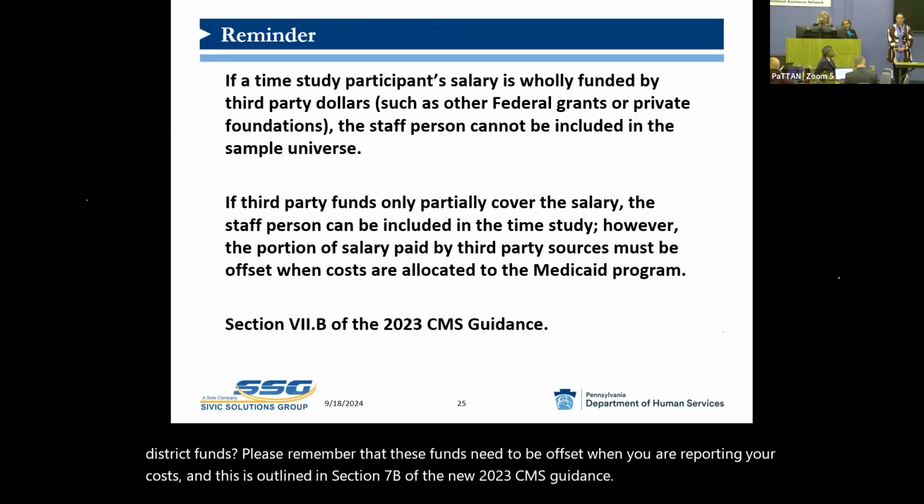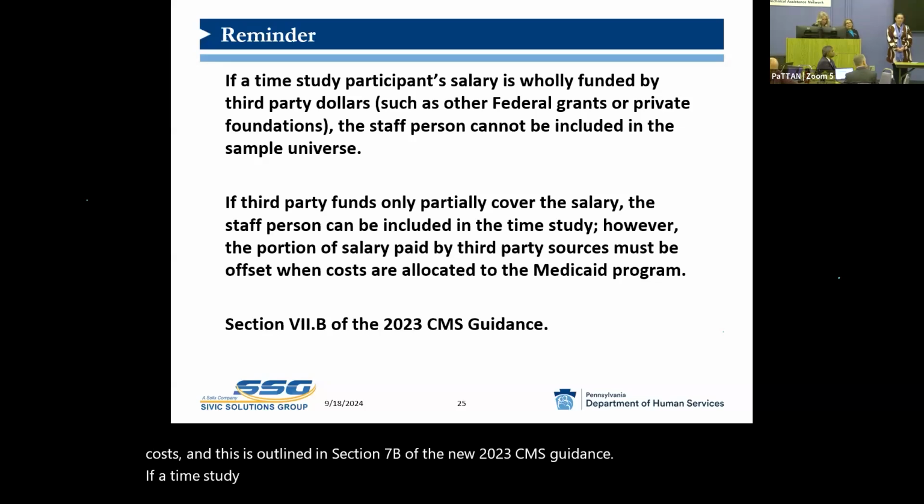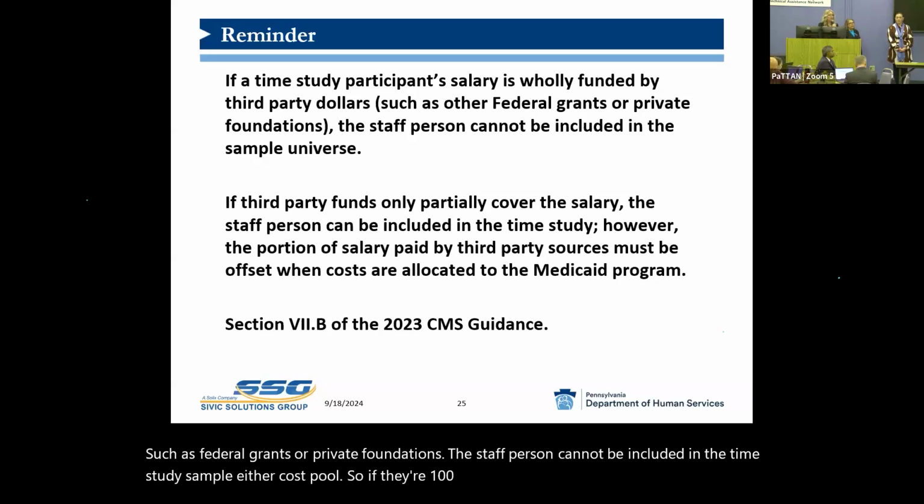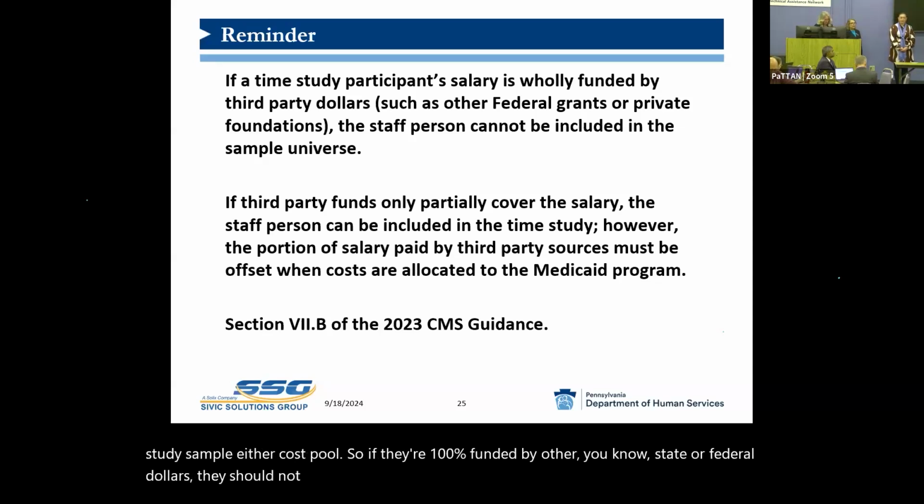If a time study participant's salary is wholly funded by third-party dollars, such as federal grants or private foundations, the staff person cannot be included in the time study sample, either cost pool. So if they're 100% funded by other, state or federal dollars, they should not be on your staff pool list.